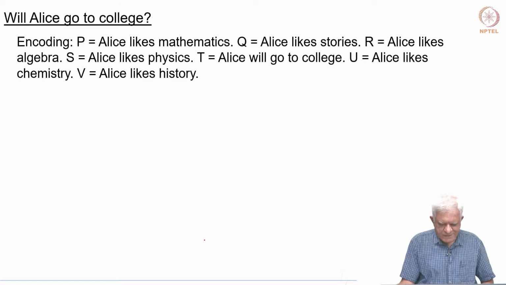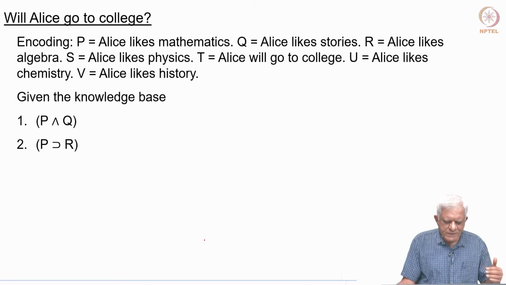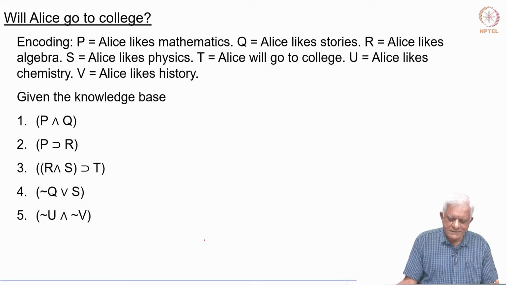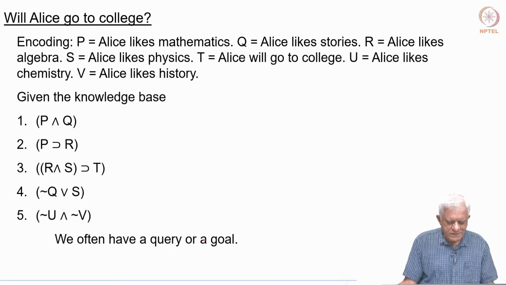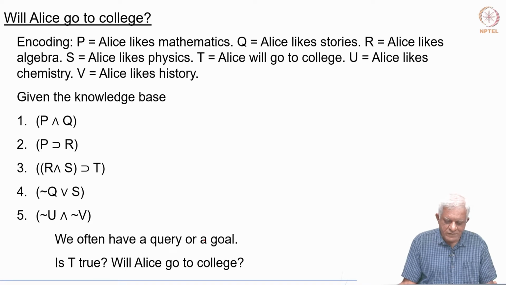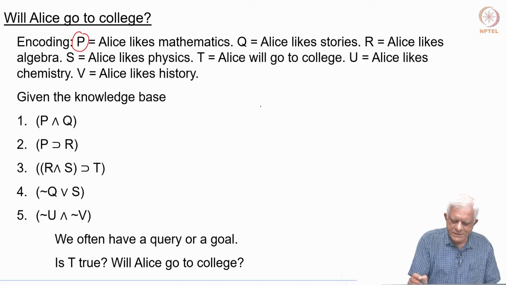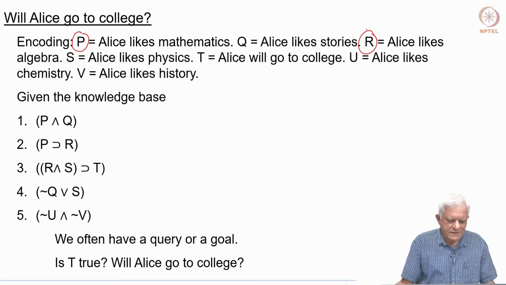So, a lot of facts about Alice, and what we were told is that these formulas are true, that P and Q is true, which means Alice likes maths and Alice likes stories. P implies R is true, which means if Alice likes algebra, no sorry, P implies Q says P is Alice likes maths, then R is Alice likes algebra.